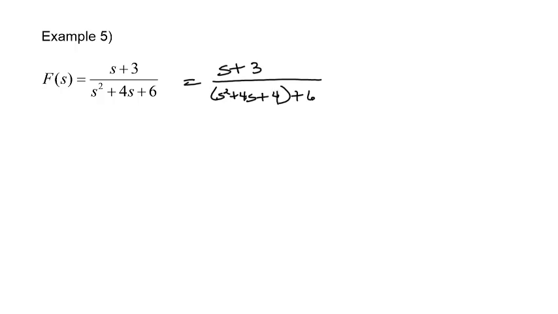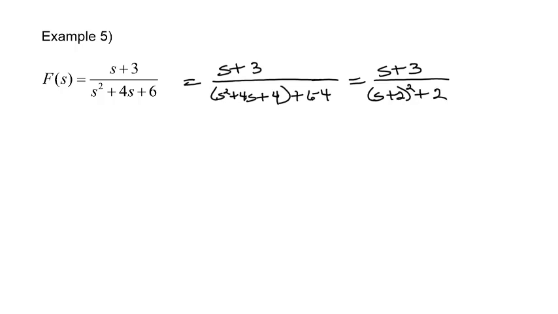Half of 4 is 2. 2 squared is 4. And I can't add 4 without subtracting 4, so the plus 4 minus 4 has to be there. And now if I rewrite that in its factor form, now I have s plus 3 over s plus 2 quantity square plus 2.